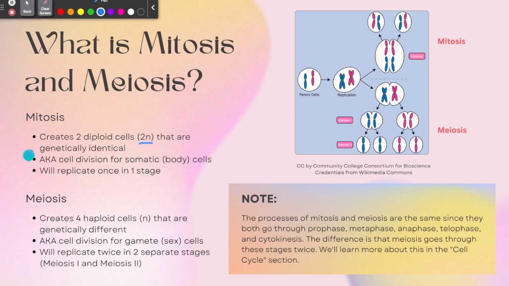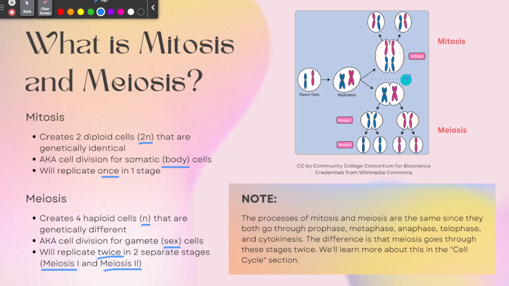This is also known as cell division for somatic cells or body cells, and it will replicate once in one stage. With meiosis, it creates four haploid cells that are genetically different, and it is represented by N. This is also known as cell division for gamete cells or sex cells. It will replicate twice in two separate stages called meiosis 1 and meiosis 2.